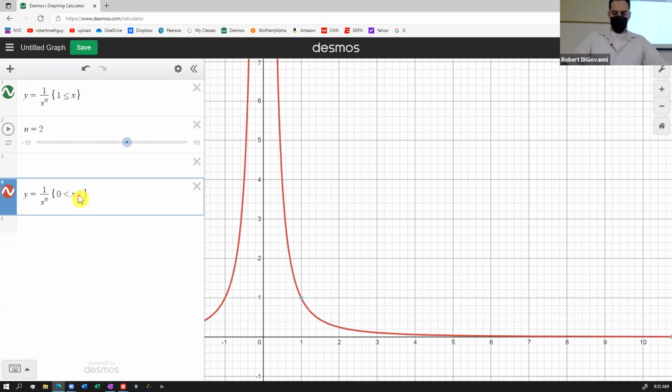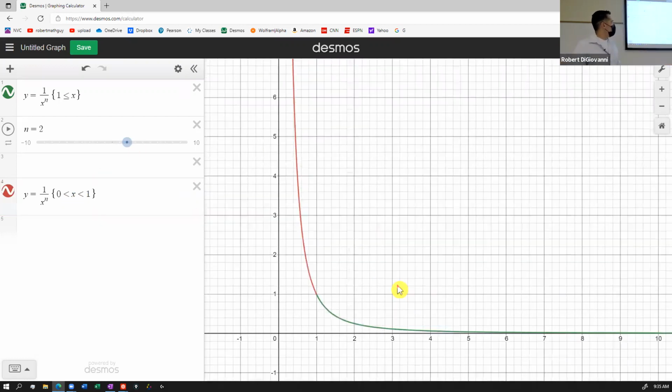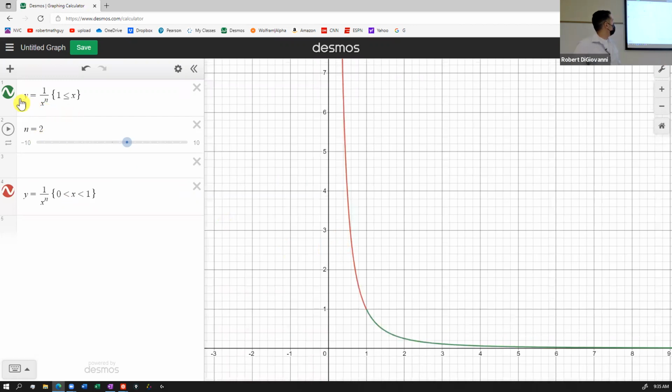There we go. So the red graph is the thing we're looking at. We're no longer looking at the right side of this. So if you look at this and we're trying to find the area underneath this, that's the area all in here. You can see that it's going to keep going.